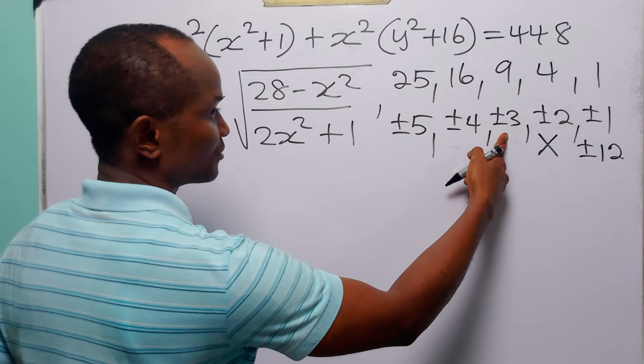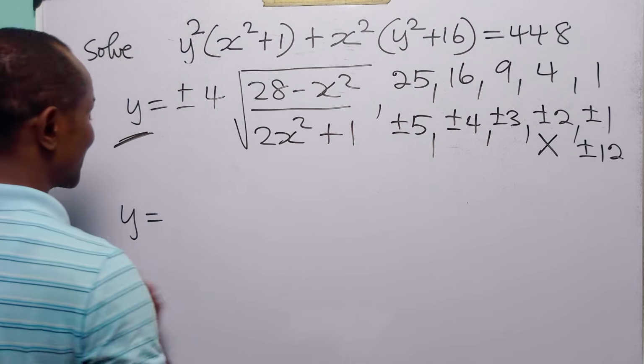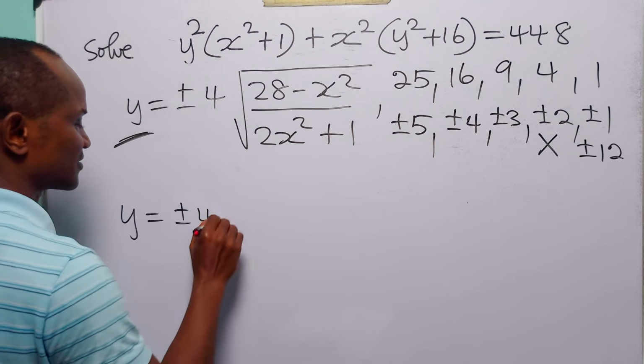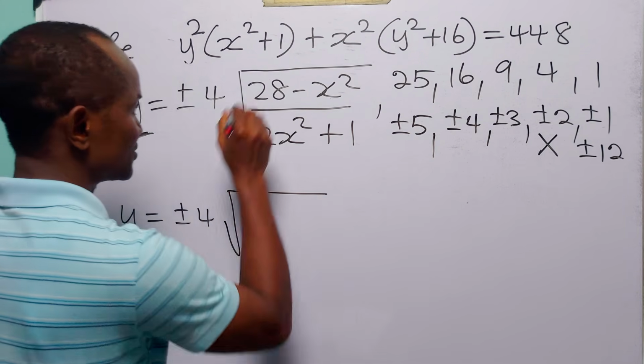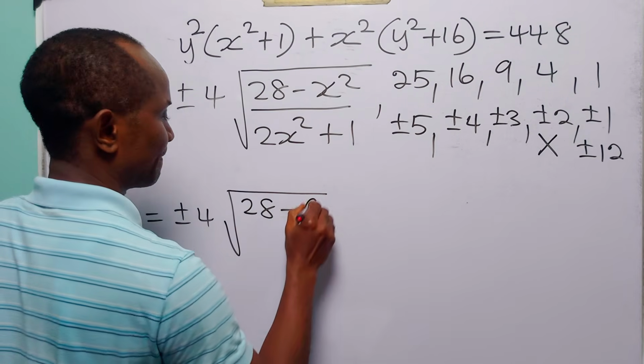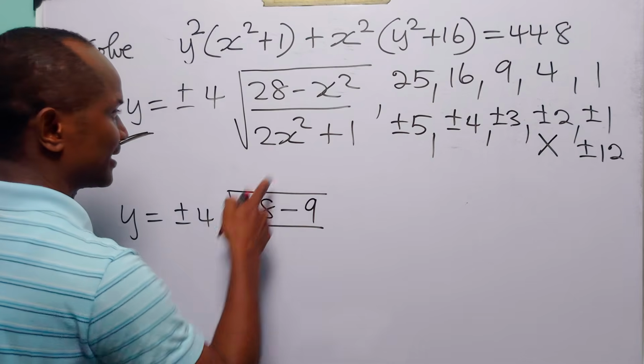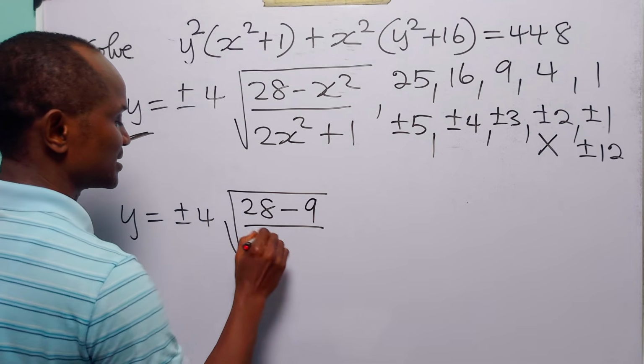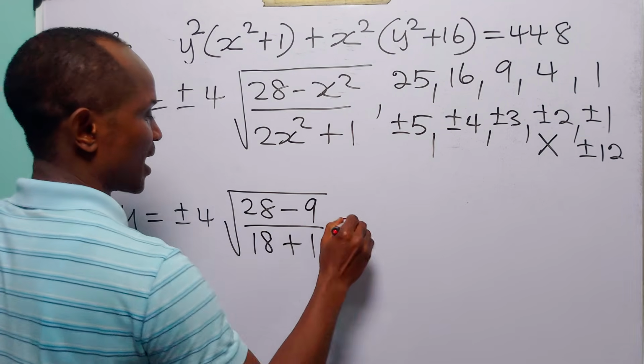So, when x is equal to plus or minus 2, y is not an integer. When x is equal to plus or minus 3, then y is equal to plus or minus 4 times the square root of 28 minus 9, divided by 9 times 2 is 18 plus 1.